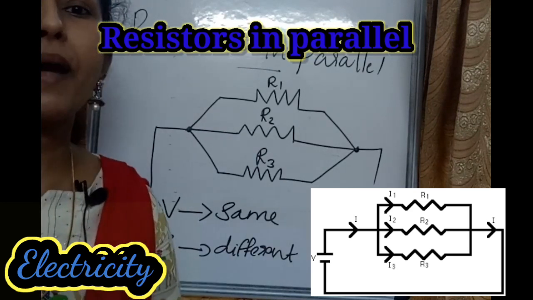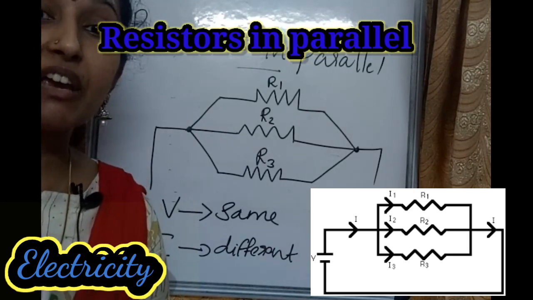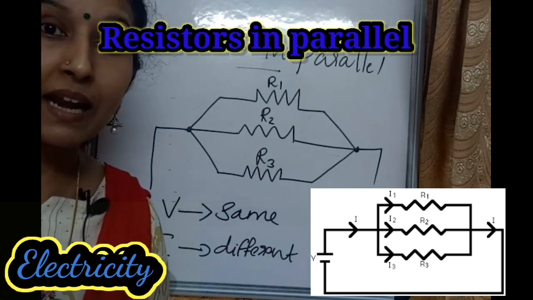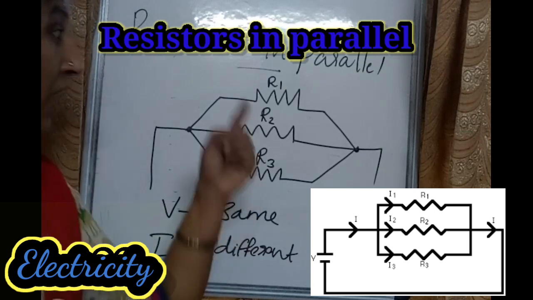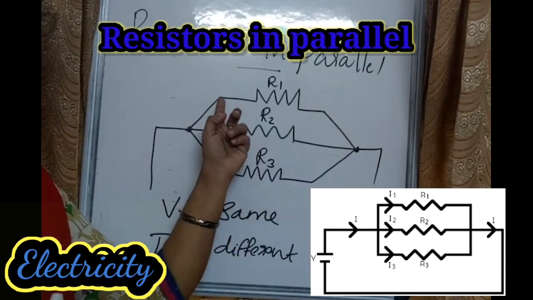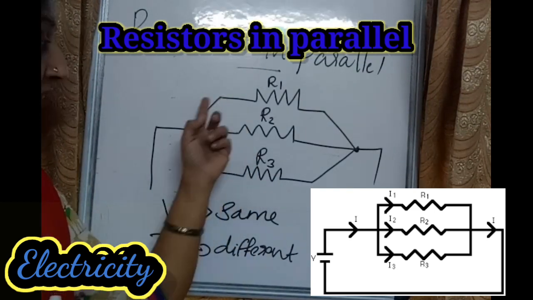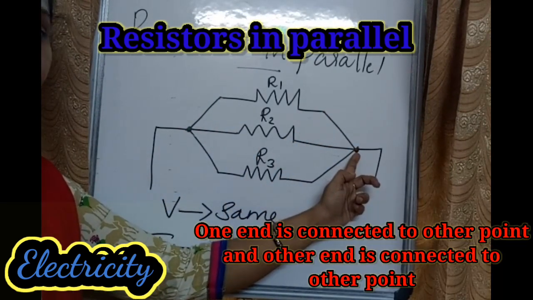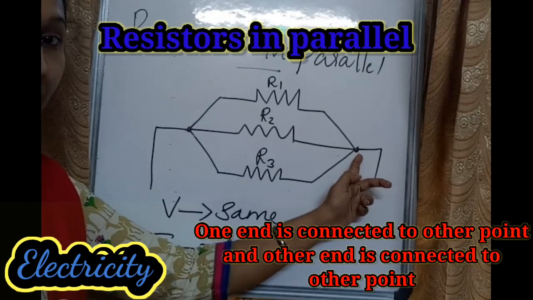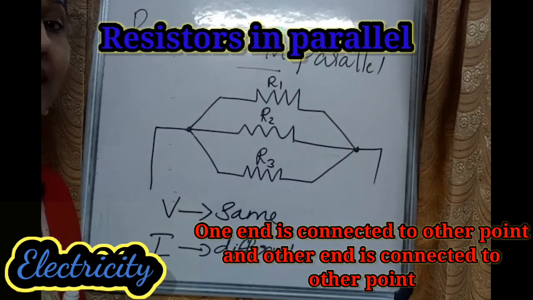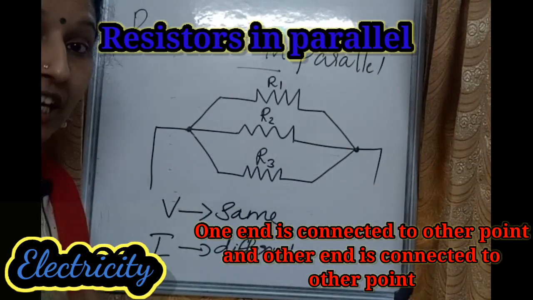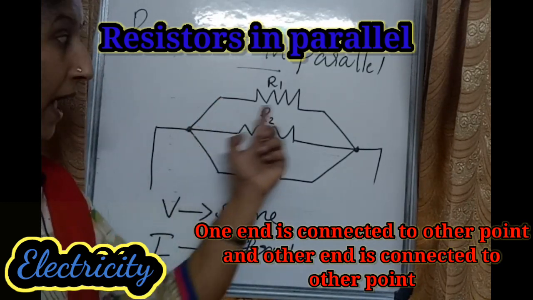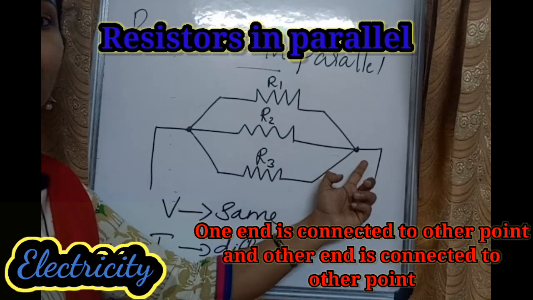Then what is a parallel arrangement? If n resistors are said to be connected in parallel, one end of each resistor is connected to one point, and the other end of each resistor is connected to another point.